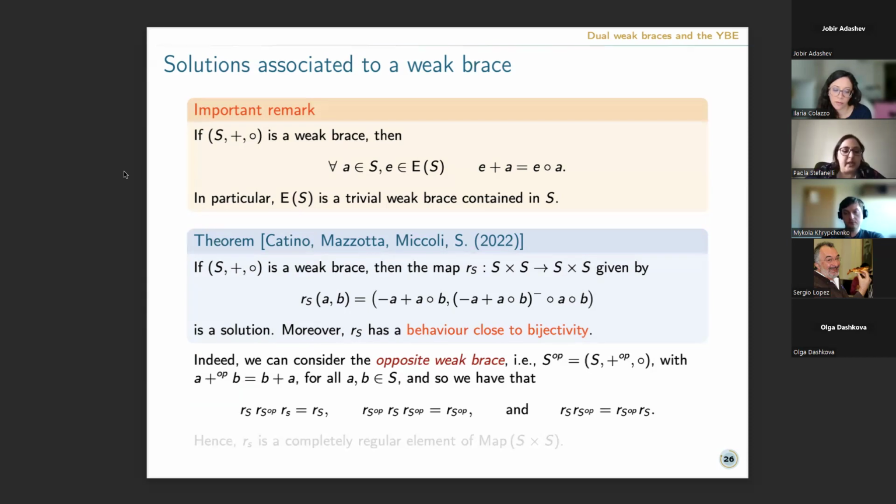That essentially means that RS is a completely regular element in the maps from S times S into itself. In this sense these solutions are close to being bijective.